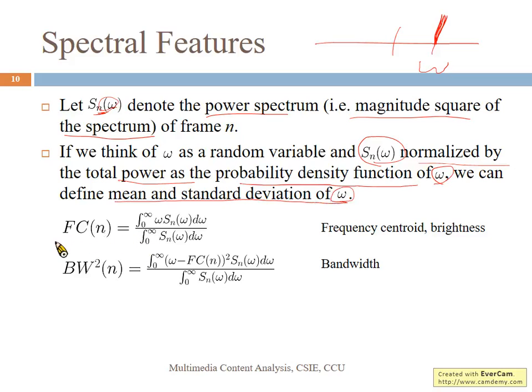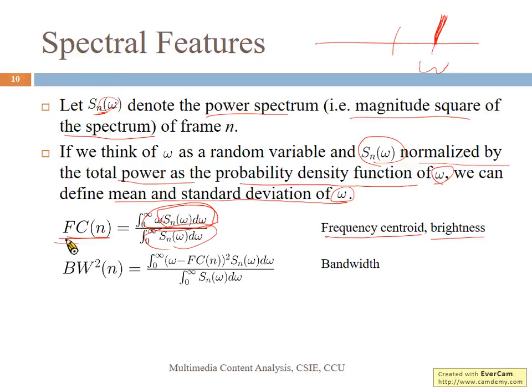The first spectral feature is called frequency centroid, or sometimes we call it brightness. That is the integral from 0 to infinity of omega times S_n(omega) d omega. This is actually the weighted average of the energy in the frequency domain, divided by the total power.